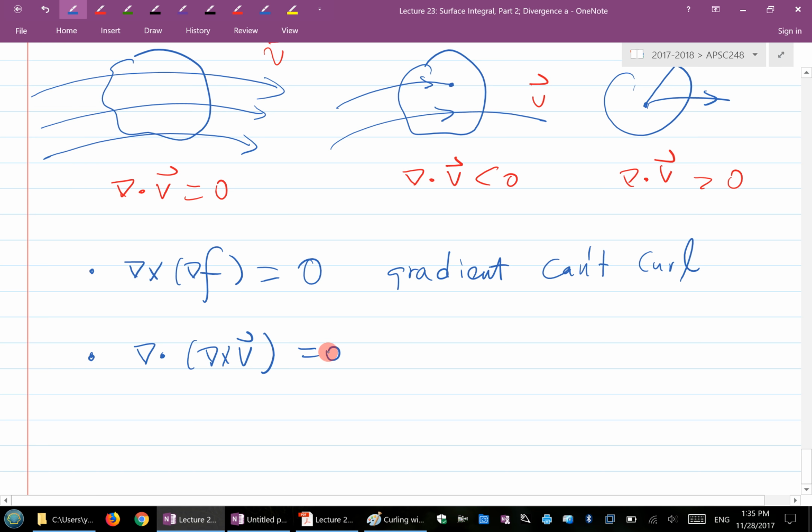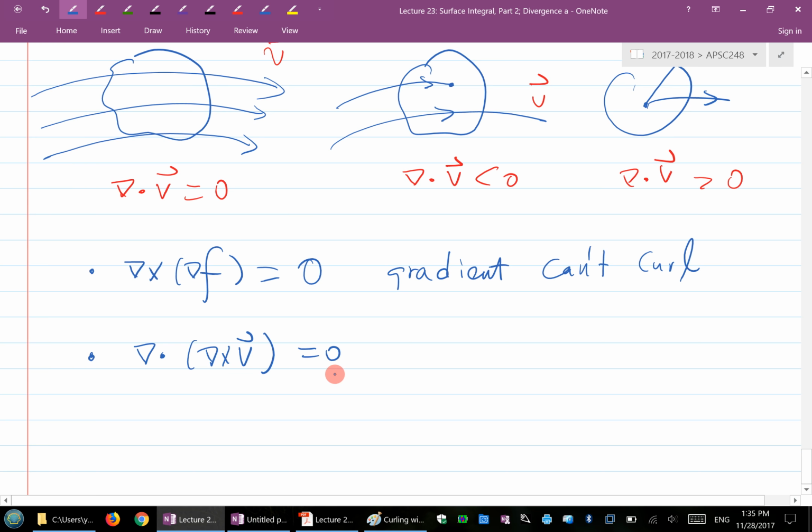And second one here: if you're given a vector field, and you calculate the curl, and then you calculate the divergence of the resulting vector field, you can show that this is 0.